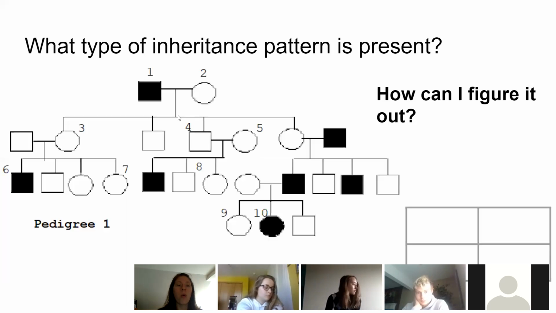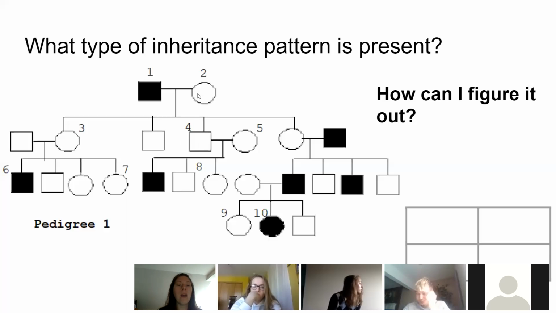Kind of the same thing works up here. If dad has the disease and it's sex-linked, he's going to give the Y to his sons. So there's no way that any of his sons would get that disease from him. That would explain why these two sons don't have it.